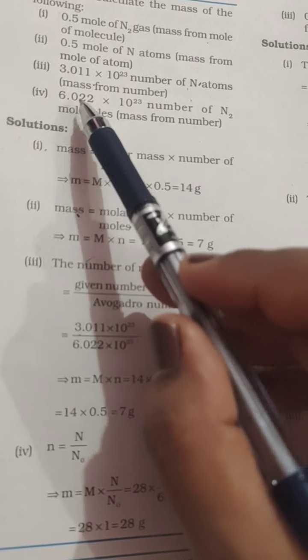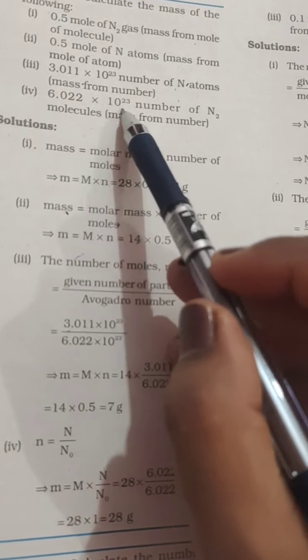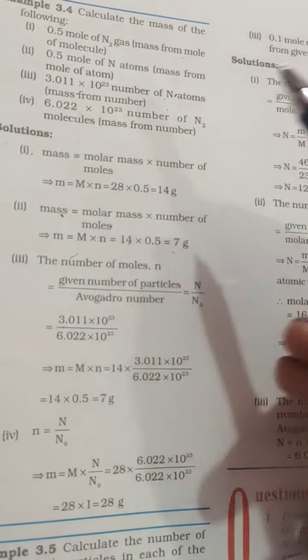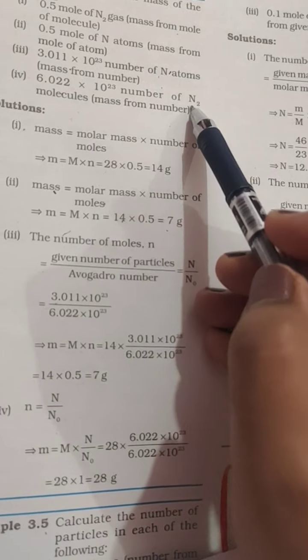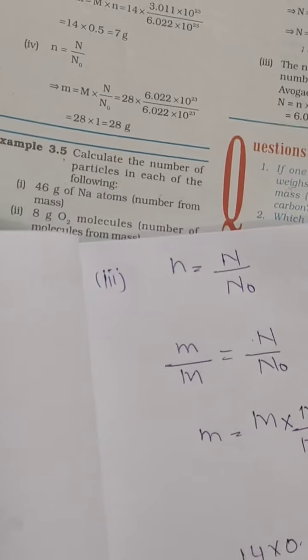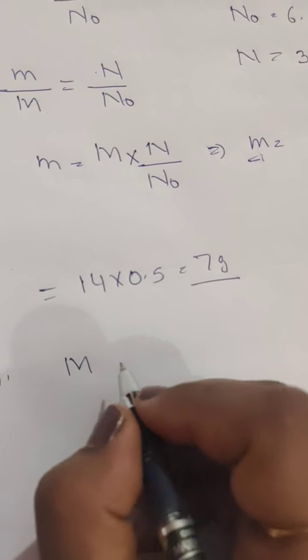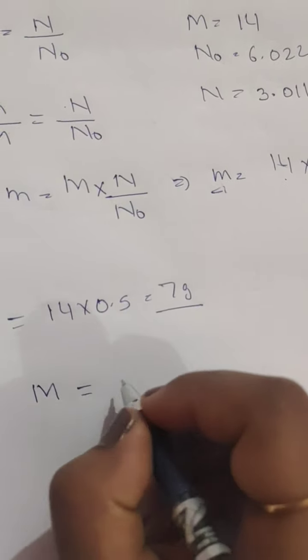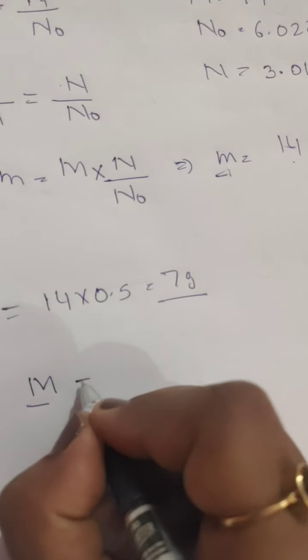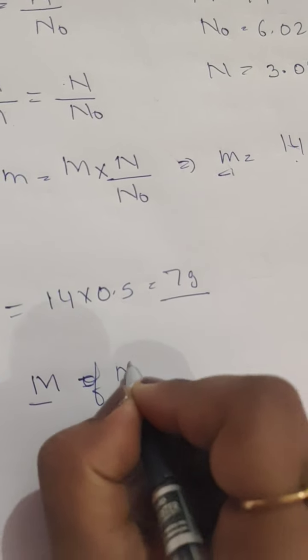The last one is 6.022 into 10 to the power 23 number of N2 molecules. So this is very simple. Only this is N2 molecule. So the change will be only that here the mass will change. So molar mass will become mass of nitrogen molecule.